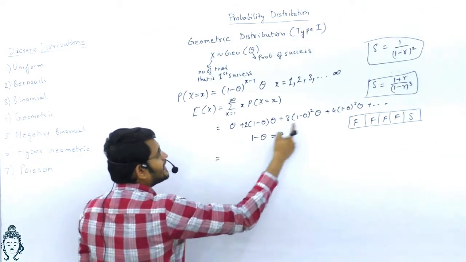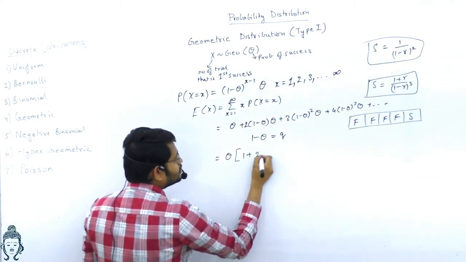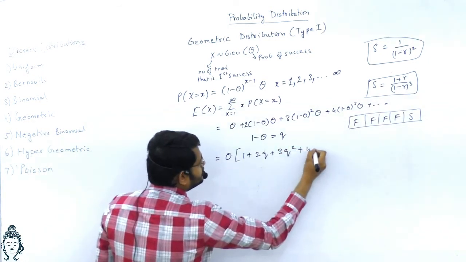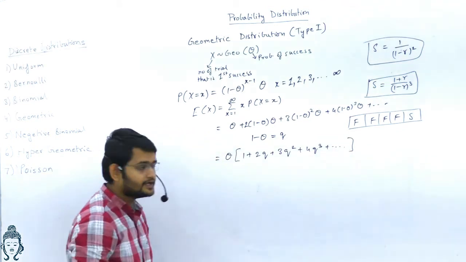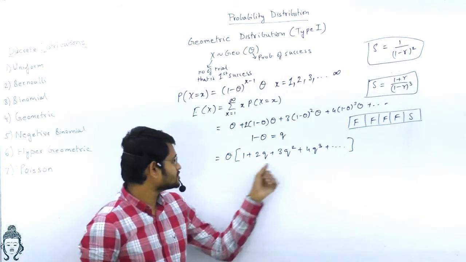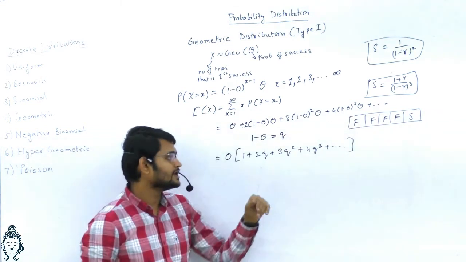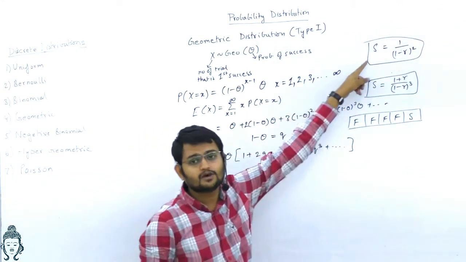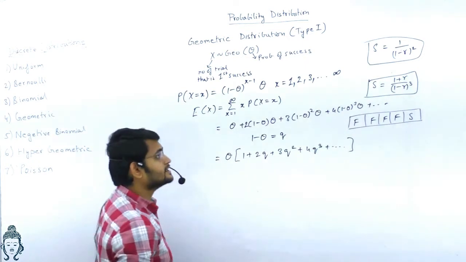So here I can take theta common, I'll get theta into 1 plus 2 times q, 3 times q square, 4 times q cube, and so on forever, infinite terms. So this is nothing but an arithmetic geometric progression. The first part is an arithmetic progression, the second part is a geometric progression, and this is an infinite arithmetic geometric progression. We found the sum of an infinite arithmetic geometric progression as 1 by 1 minus r square.